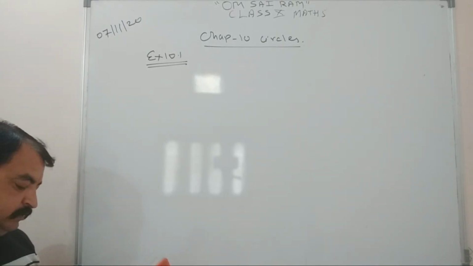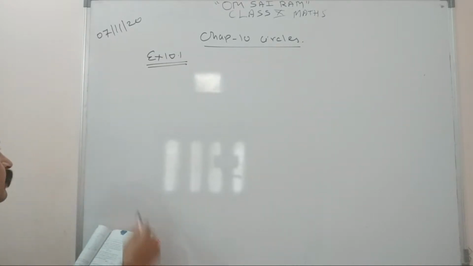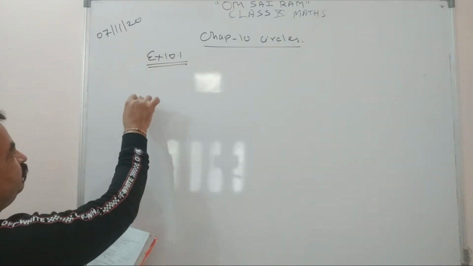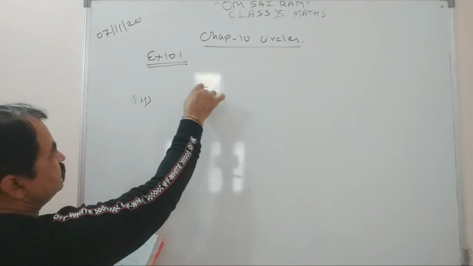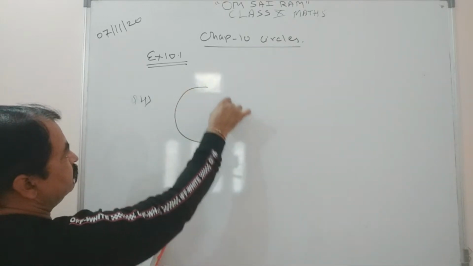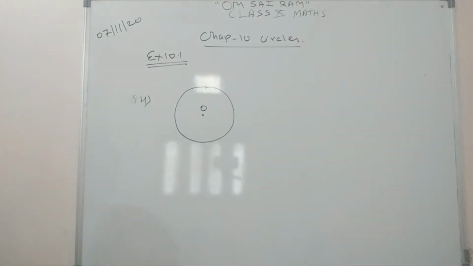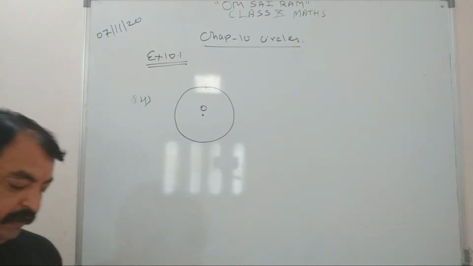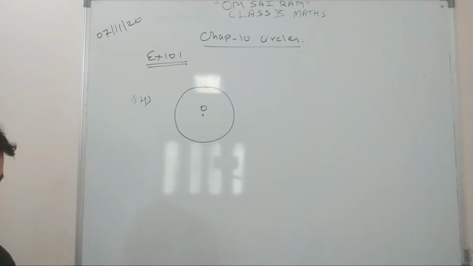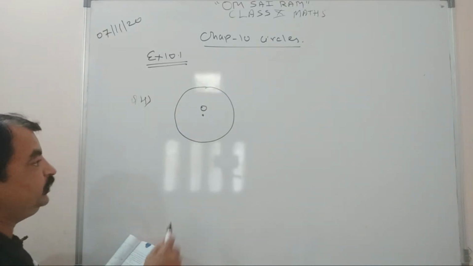Draw a circle. So, okay, I am drawing a circle for question number 4. This is a circle. With the center O, draw a circle and two lines parallel to a given line such that one is a tangent and the other a secant of the circle.